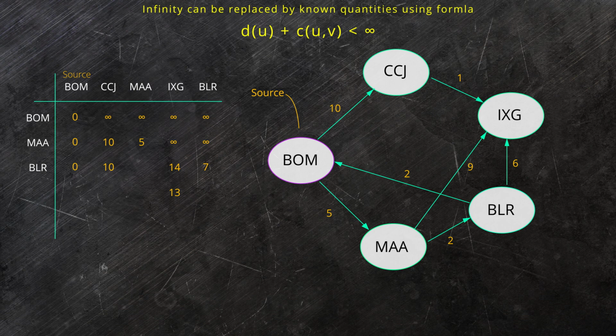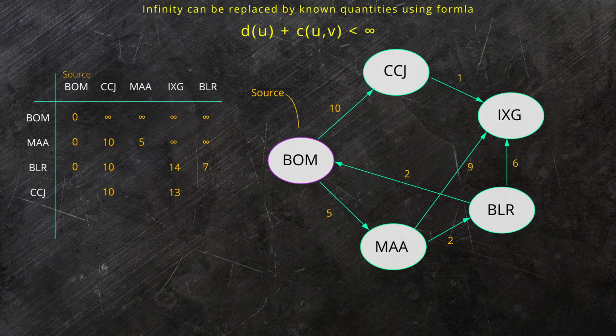So again, you will be updating the value of CCJ, carrying it down as 10. Right? Here, the minimum will be 10. So 10 will be selected. So that is 10 is CCJ.